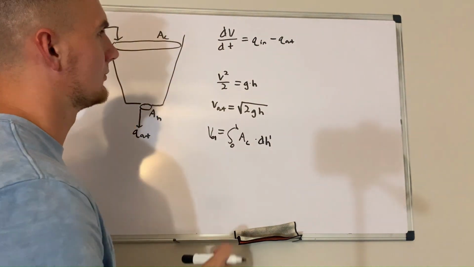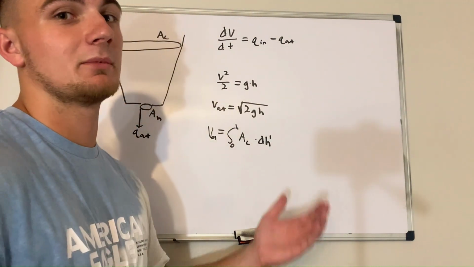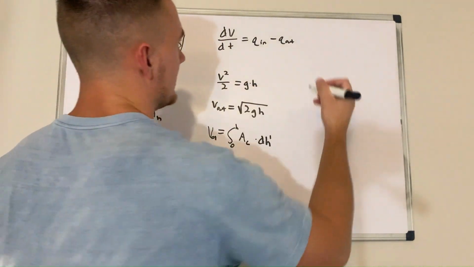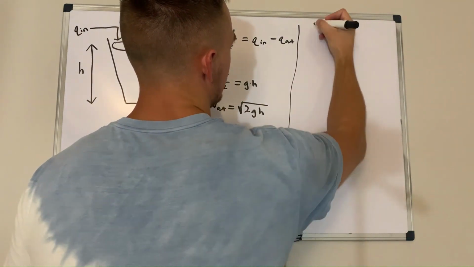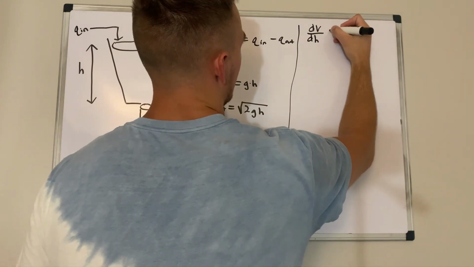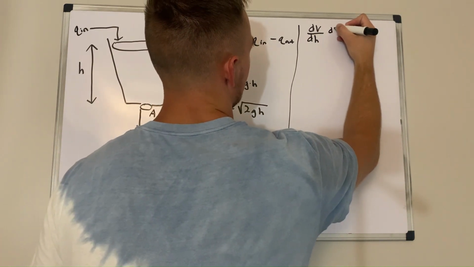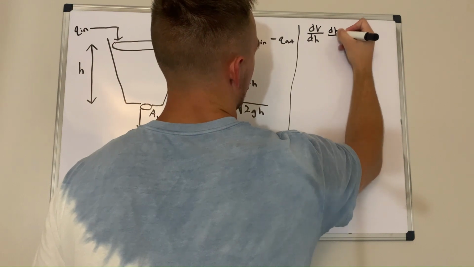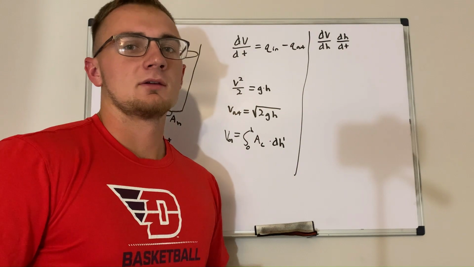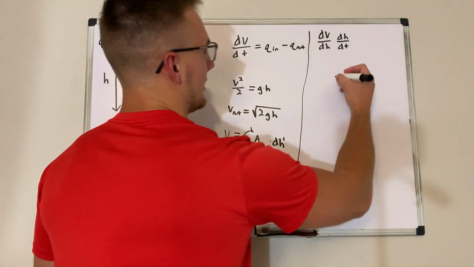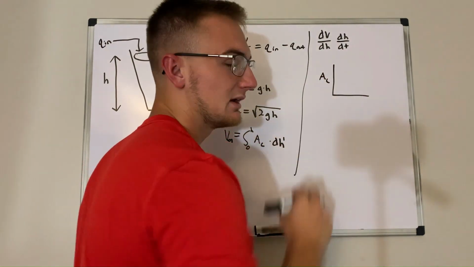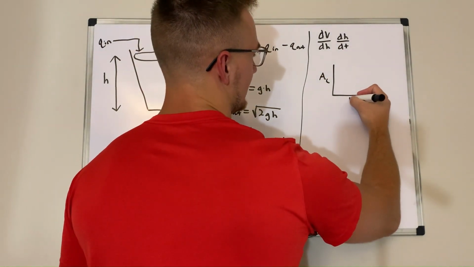Now, if we want to end up getting to change in height with respect to time, we can look at this change in volume with respect to time. We know that the change in volume with respect to time will also depend on the height, as well as the change in height with respect to time. So what we can go ahead and do is make a plot, and I'm going to put the cross-sectional area A_C as the dependent variable on the y-axis and height on the x-axis.